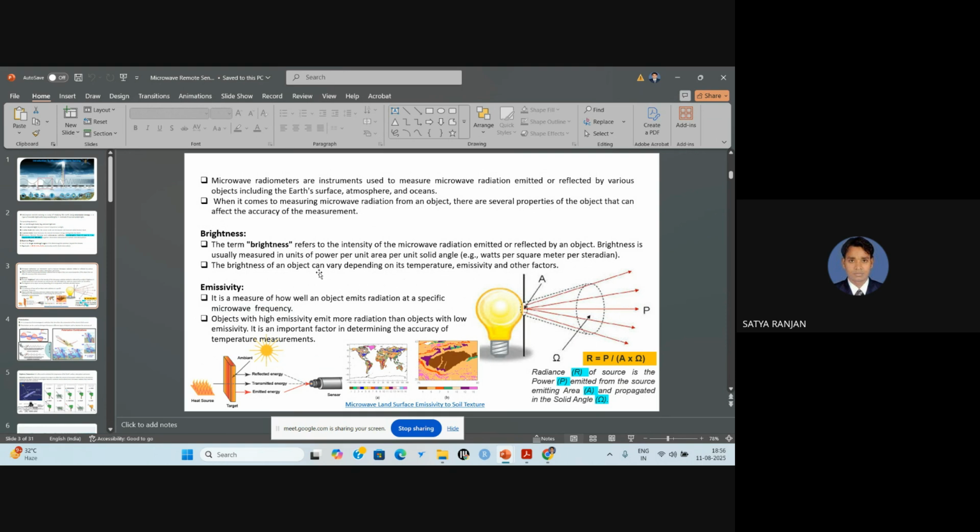Different features on the Earth's surface, like vegetation, water bodies, and rock, have different emissivity in microwave wavelengths. This emissivity information is gathered in digital form, then transformed to image form. This is one of the microwave land surface emissivity soil texture images at the global level, based on microwave remote sensing.